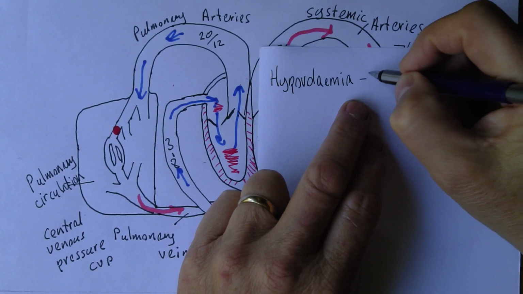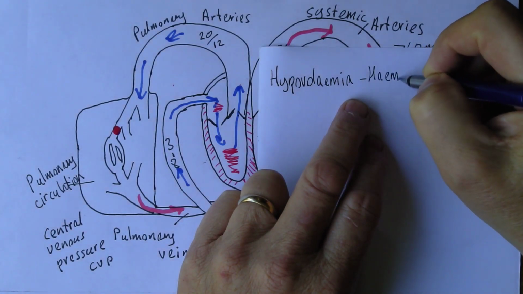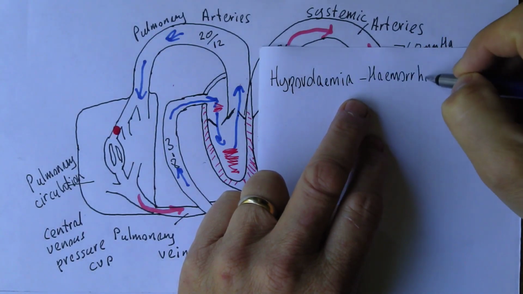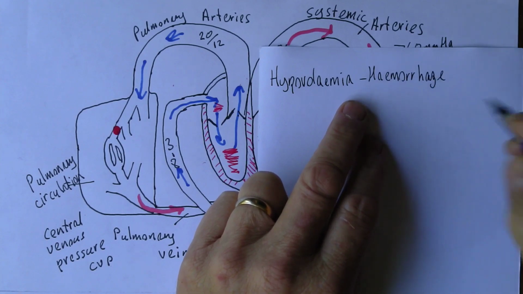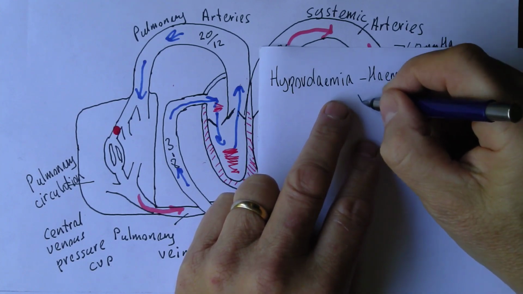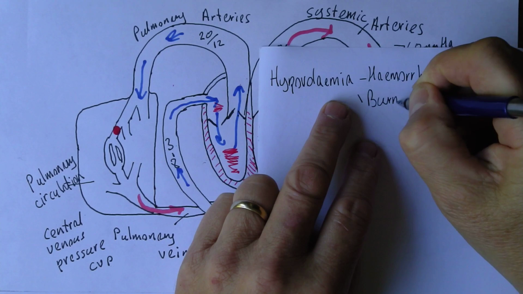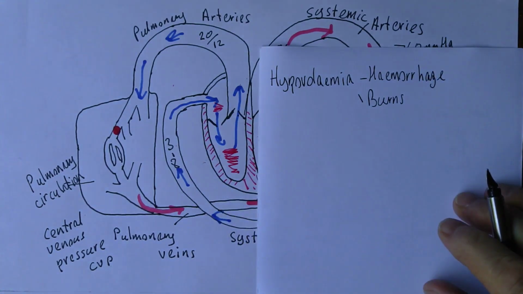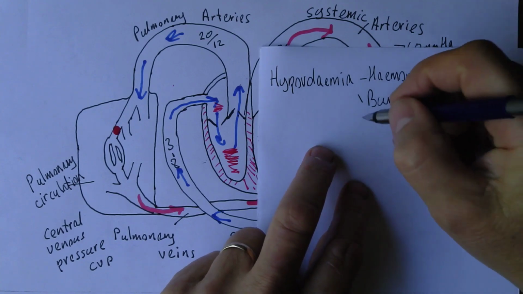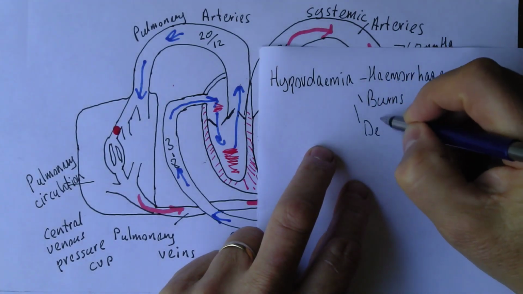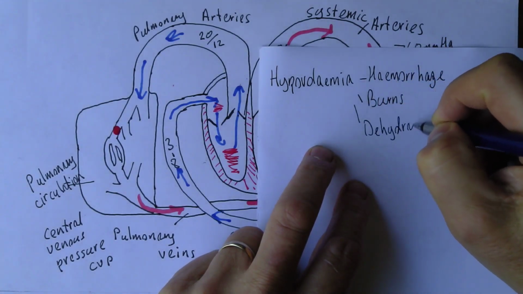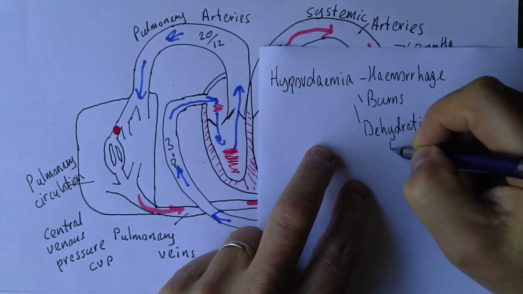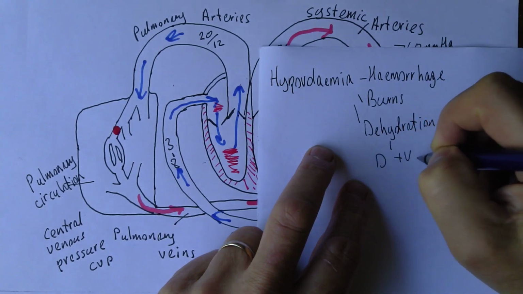So for example, after hemorrhage, the blood volumes can drop. Or after burns, patients can lose an awful lot of fluids. Or dehydration, possibly caused by diarrhea and vomiting, for example.